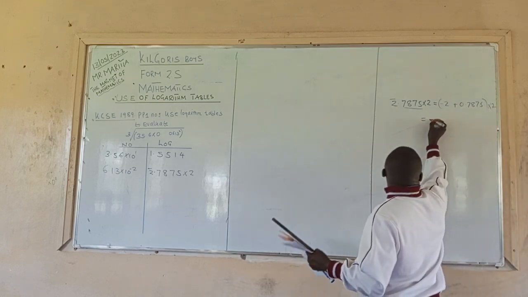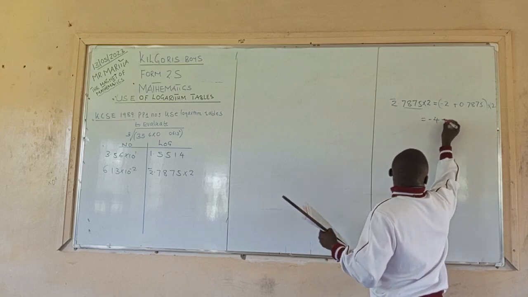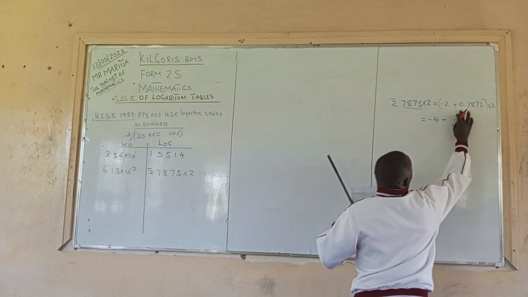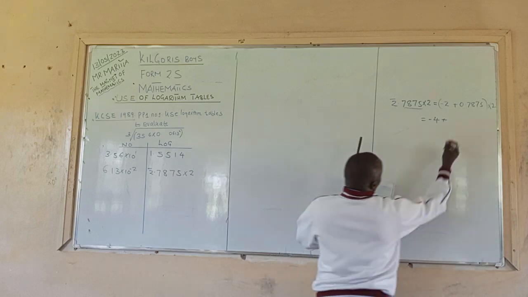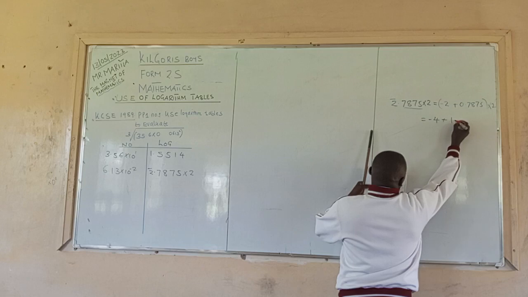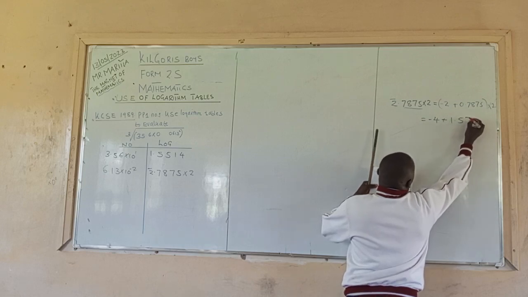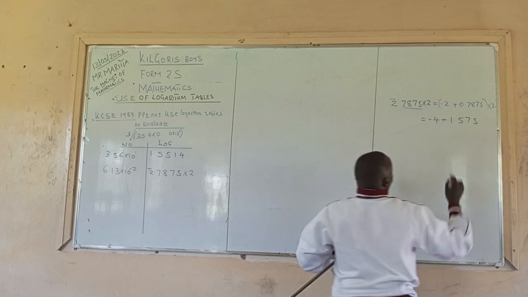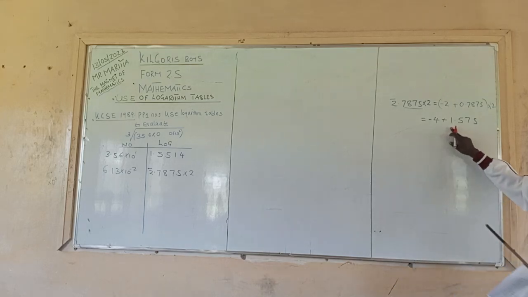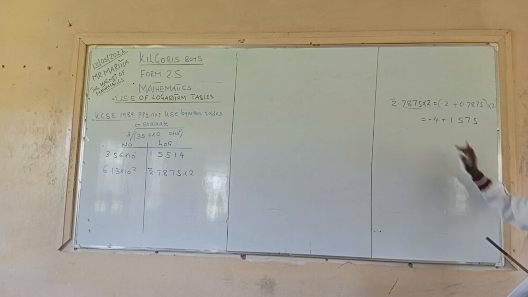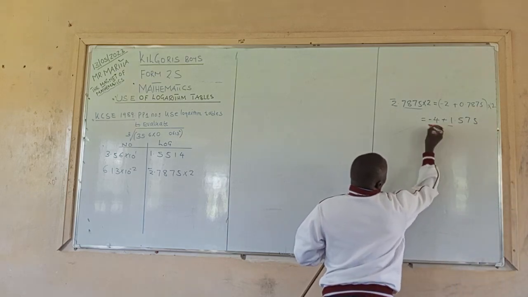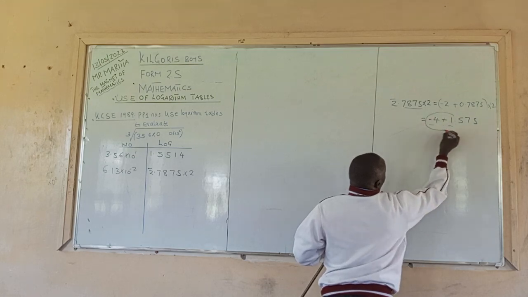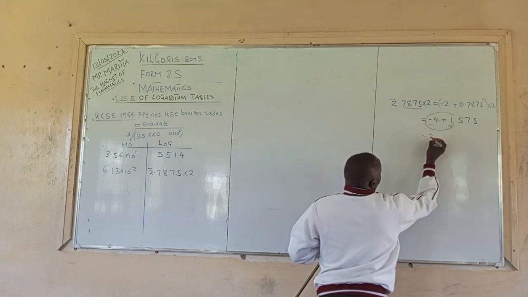We get negative 4, then plus 0.7875 times 2, which is giving us 1.575. Work out the characteristic first, where we have negative 4 plus 1. So negative 4 plus 1 gives us negative 3.